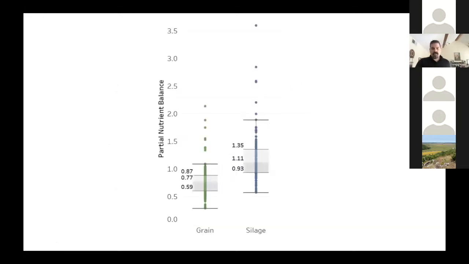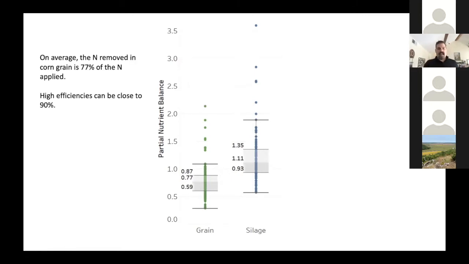We can also look at this partial nutrient balance. This is the nitrogen removed in the harvested portion of the biomass divided by the nitrogen applied. We have this for corn grain, and I also included corn silage as another example. On average, this value is 0.77, or you can think of it as a percent: 77% of the nitrogen that's applied is removed in the grain.